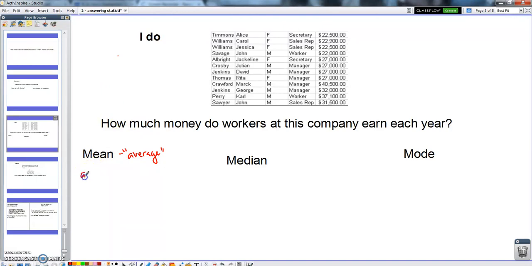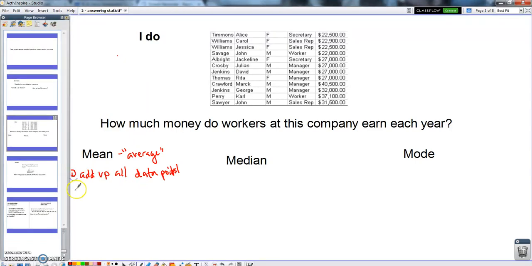So you add up all the data points, and then divide by how many. In this case, I've got 1, 2, 3, 4, 5, 6, 7, 8, 9, 10, 11, 12 different people's salaries. So I'm going to add up all the salaries and then divide by 12 because there are 12 people. And that's called the average.